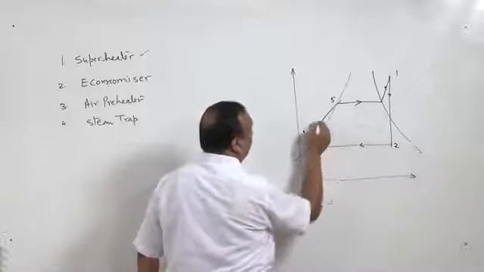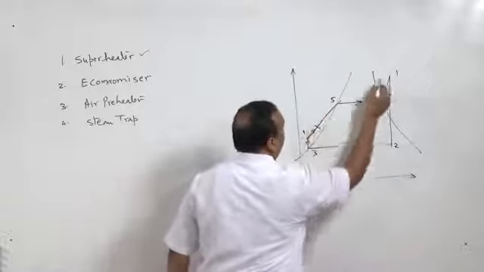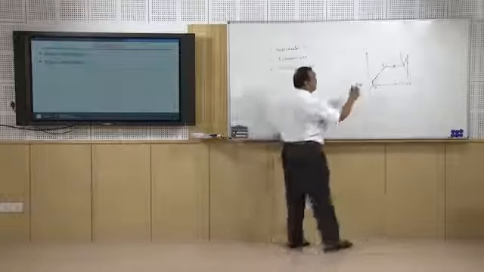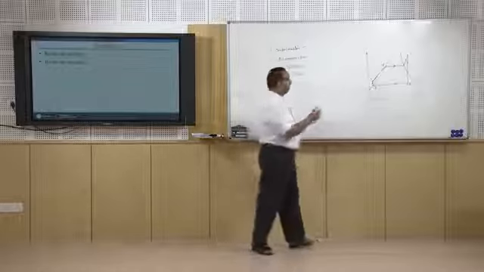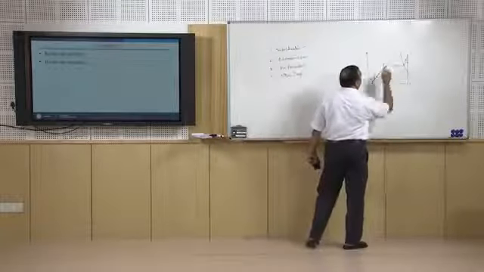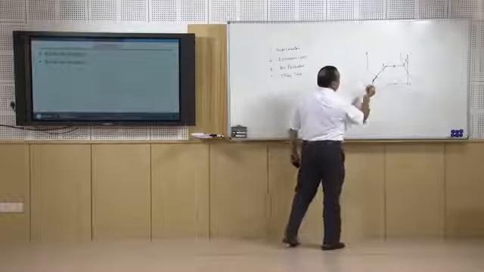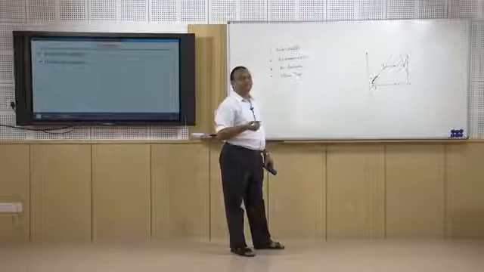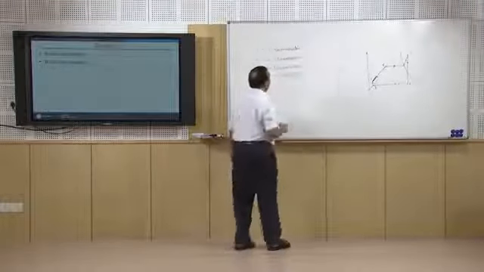If we heat this feed water, then the net temperature of heat addition will also increase, or less heat will be required in the boiler. Either way we can say, less heat will be required in the boiler, right. And this heat is coming from the flue gases, so it is coming free of cost. That is how we are increasing the efficiency of the boiler. So, this is the function of the economizer.